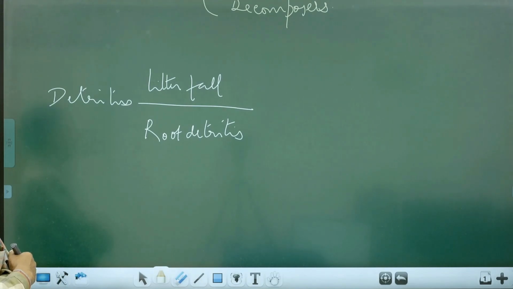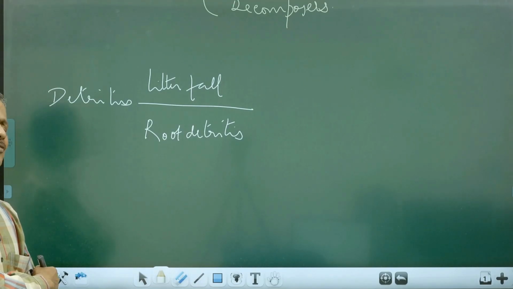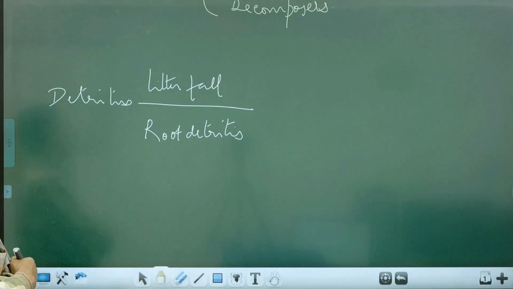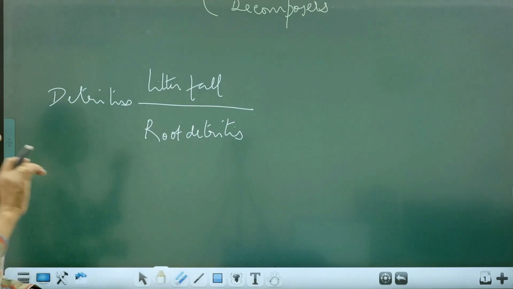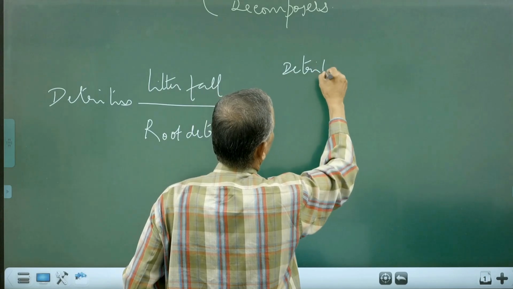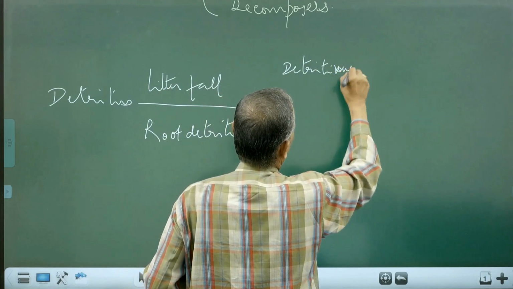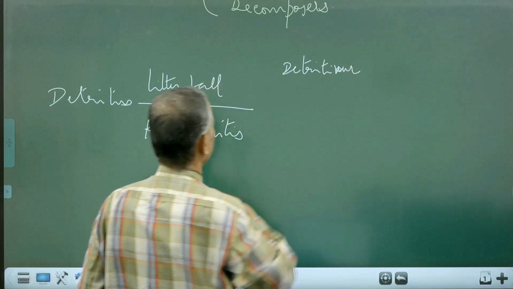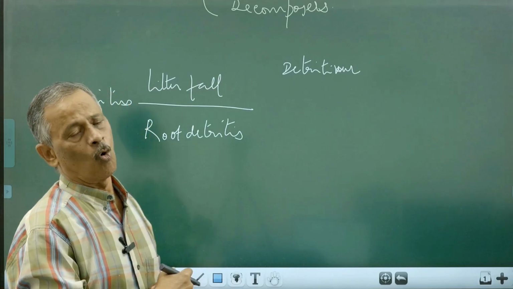There are a total of 5 important events occurring. Let us see what they all are. There are some animals that break down large sized components into small size. They are called detritivores, which eat detritus.